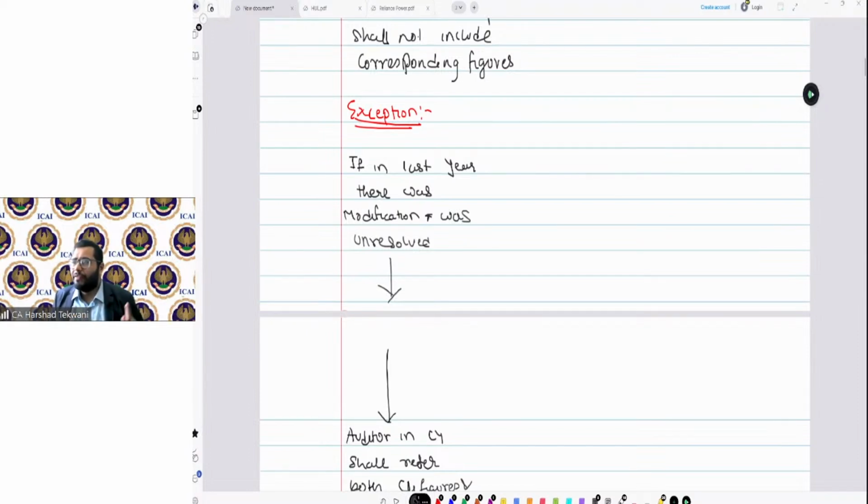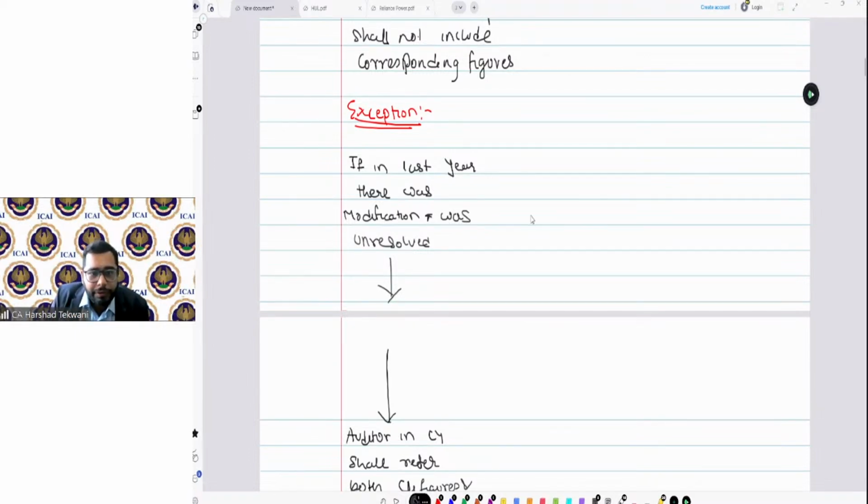So when the prior period financial statements are misstated and have not been amended, and the auditor report issued was unmodified, in that case I need to discuss that particular matter. I will be issuing the adverse opinion or qualified opinion, wherein I'll talk about, okay, this is a number and this is the comparable corresponding figure, and there is a misstatement.